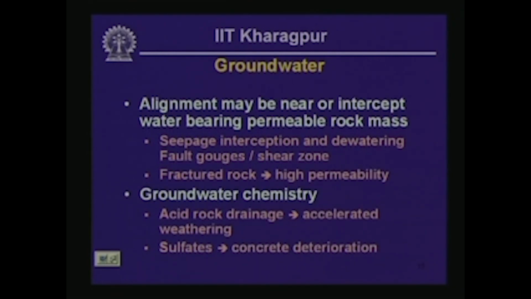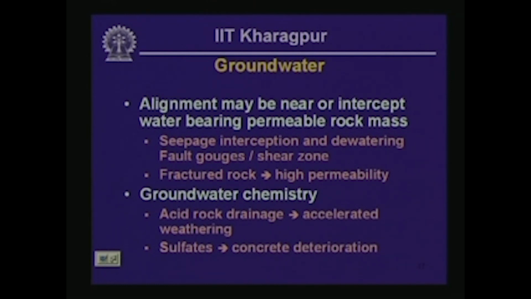Groundwater is another issue tackled by engineering geologists while designing a tunnel. This issue particularly arises in the case of alignments that are near water bearing permeable rock layers. Seepage and interception, dewatering, becomes a problem here, particularly if the rocks are fractured and highly permeable.